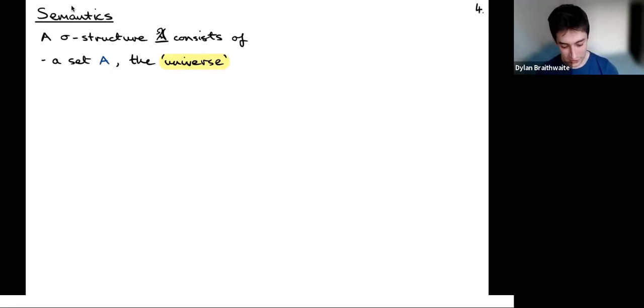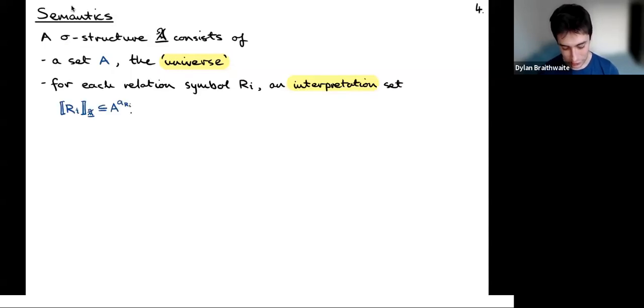The next thing we need to do is give an interpretation for the various symbols in the logic. That gets written usually with these double brackets. Relation symbols are interpreted as subsets of, or sets of tuples of elements of the universe.